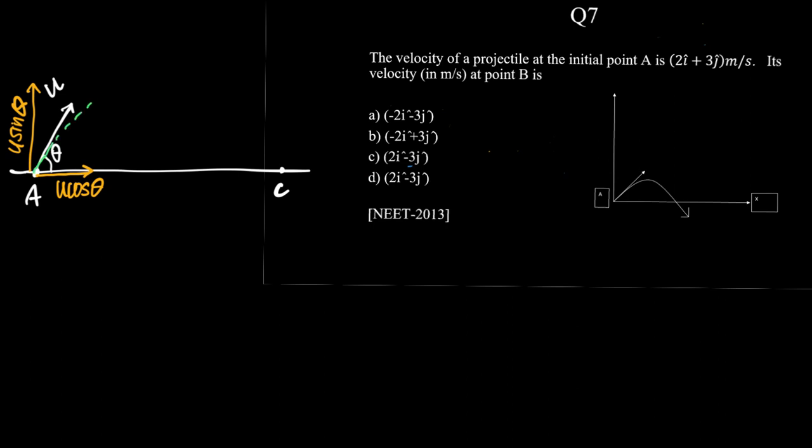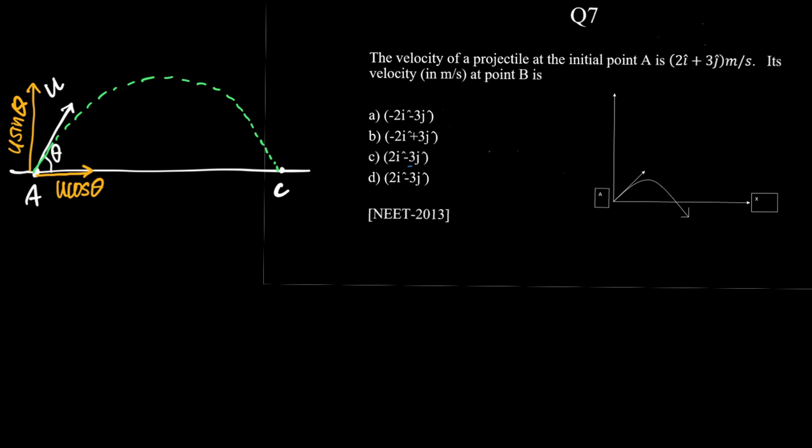The object goes through a projectile path, it lands here at C, and at C we have two different components again, which is u cos theta and u sin theta in the opposite direction, and we know that resultant velocity v acts here, right? So okay, I think if we write it like this, then we assume that all things are correct.